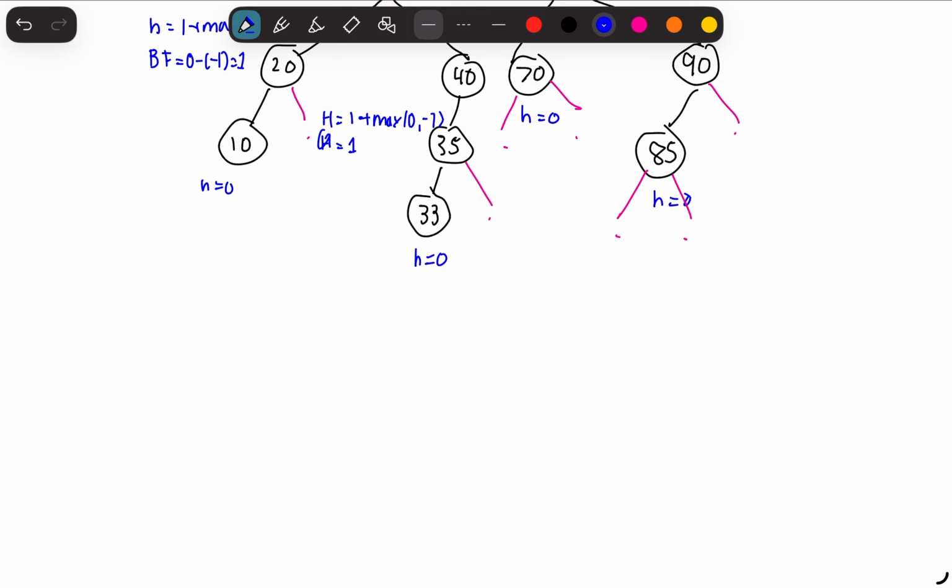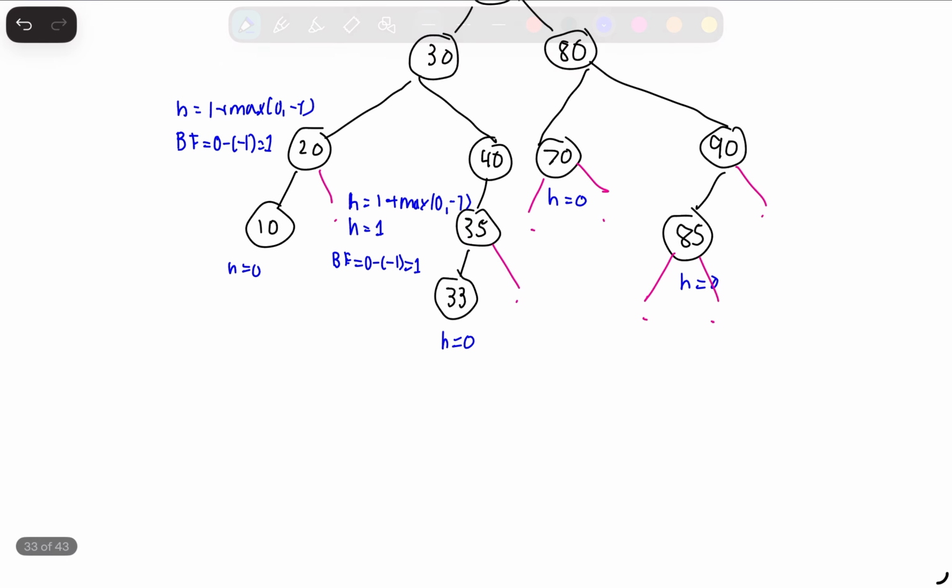That's equal to a height of 1. Now the balance factor is equal to 0 minus negative 1. That's 1. That's balanced. 35 is going to be balanced.